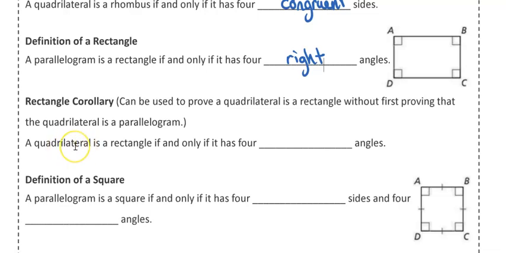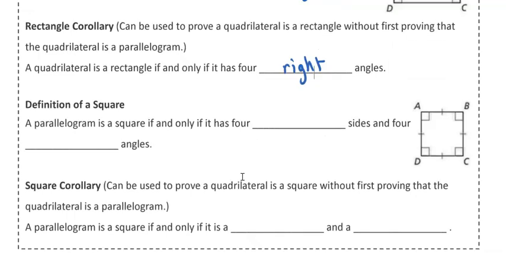If you have a 4-sided figure with 4 right angles, even if you don't know it's a parallelogram, you can prove that it is a rectangle. You use the definition if you already know it's a parallelogram, and the corollary if you only know it's a quadrilateral.